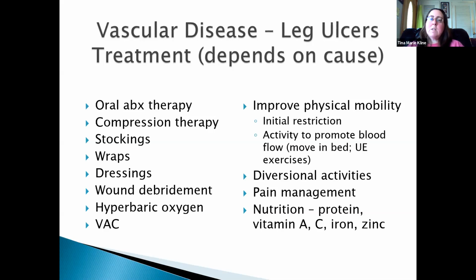So depending on what's going on, if it's cellulitis at first, or we think there's some sort of infection there, initially they might restrict some of the activity of that limb, but we want to progress to activity because we want to promote blood flow. So even if they can't get out of bed, we do want them moving in bed, doing those ankle flex or the ankle pumps and the ankle circles, just promoting blood flow there.